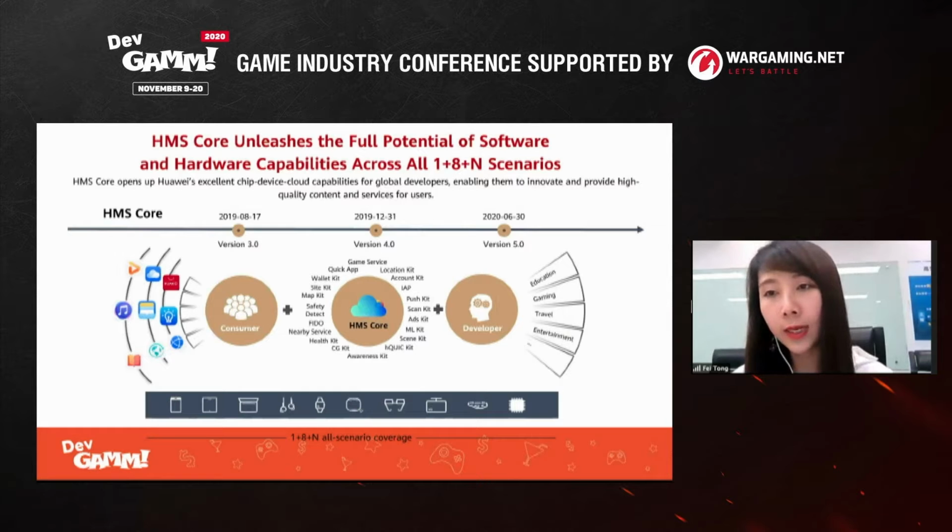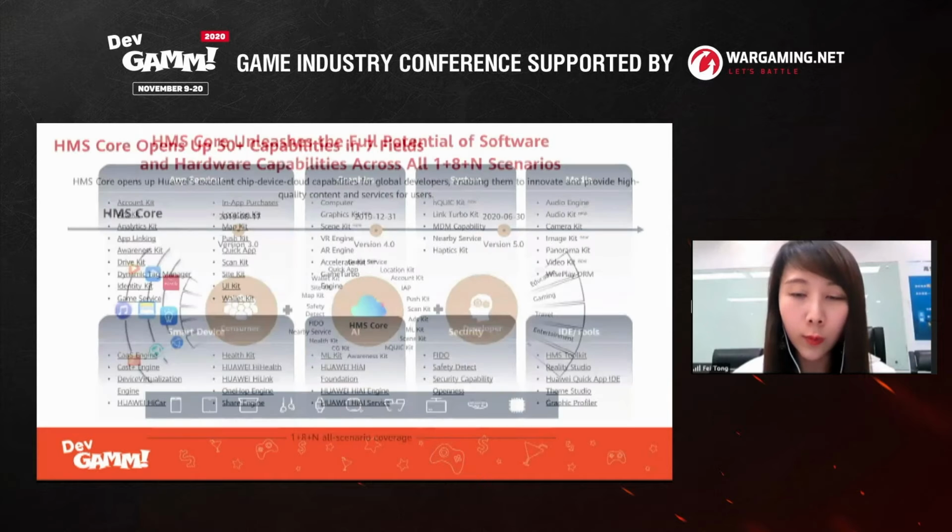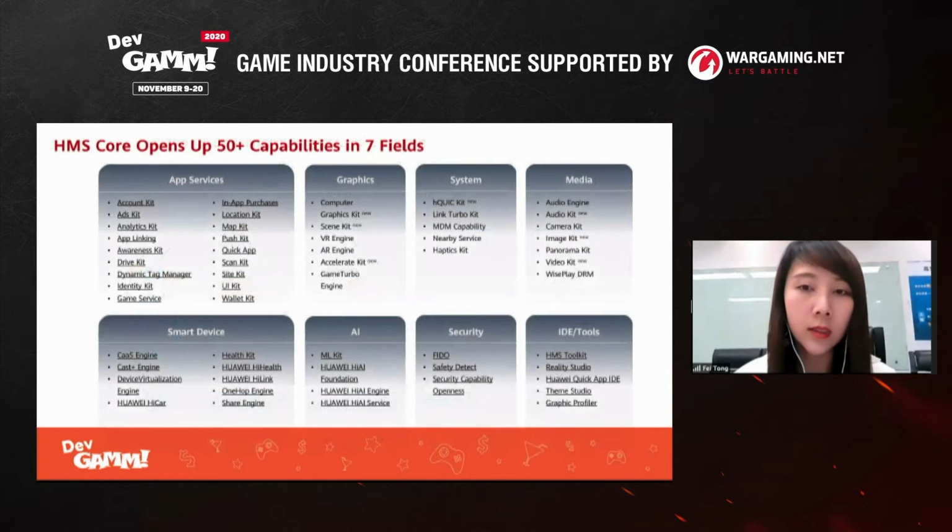We continuously devote resources to the development and innovation of HMS Core. In the middle of this year, we released the latest version, HMS Core 5.0. The new version has 56 capabilities in 7 domains to meet the various requirements of our developers and decrease your cost and time on development.